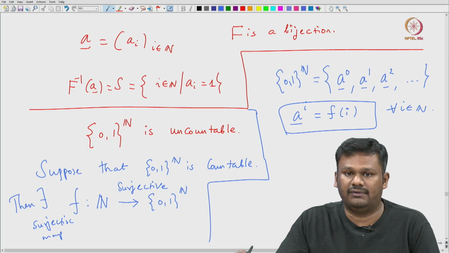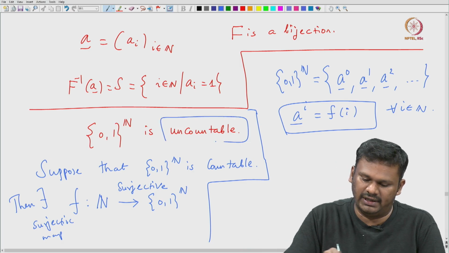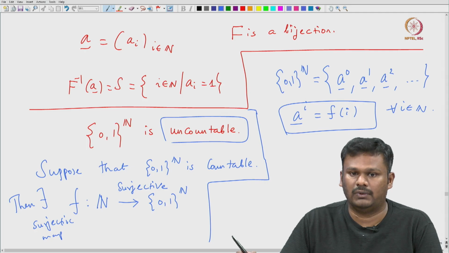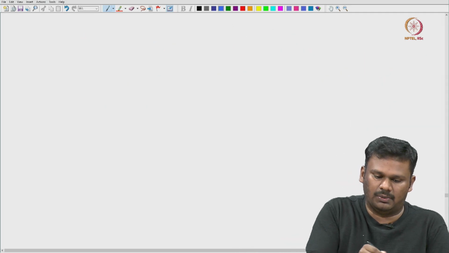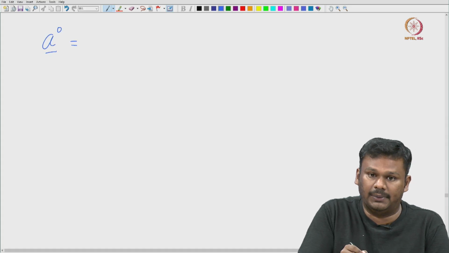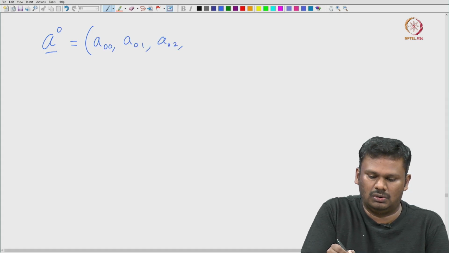So, now we have this listing. Using this listing we need to arrive at a contradiction, because we want to prove that it is indeed uncountable. So, how do we proceed? Let us list all the elements properly. This A bar naught is going to be a tuple again, so let us list it as A naught naught, A naught 1, A naught 2 and so on.